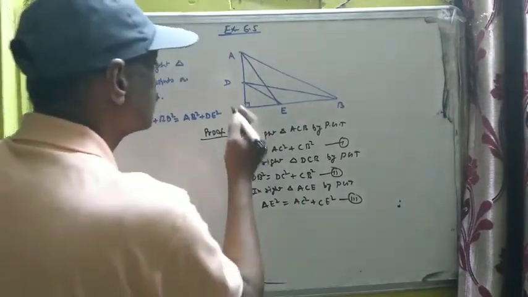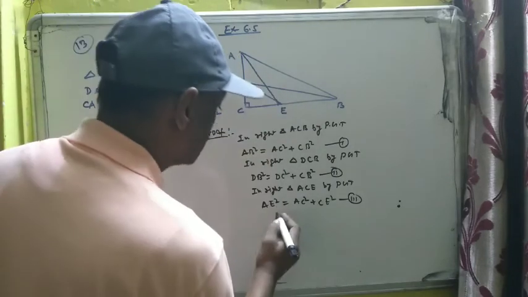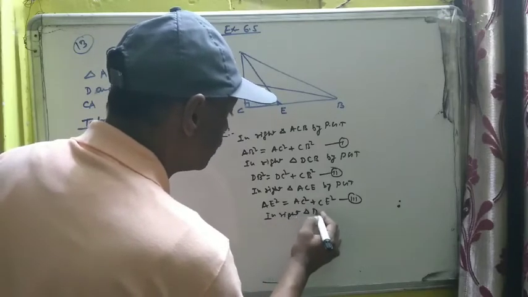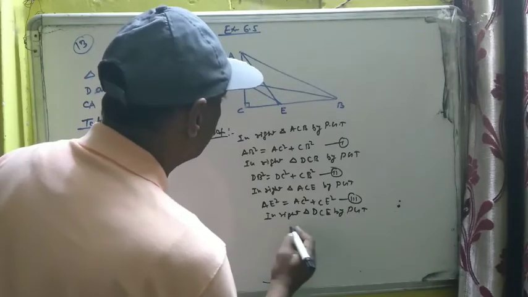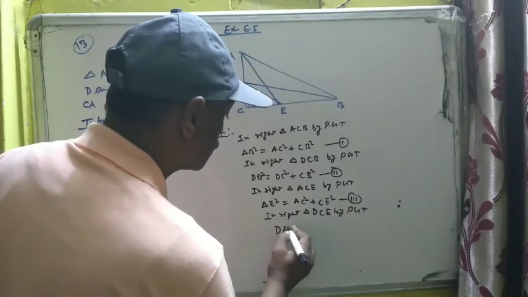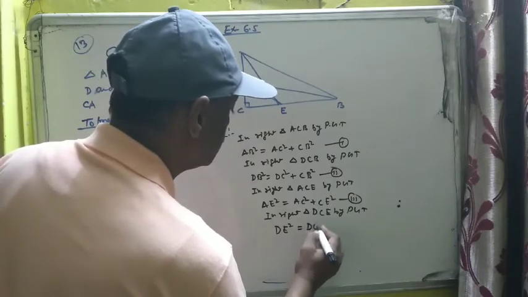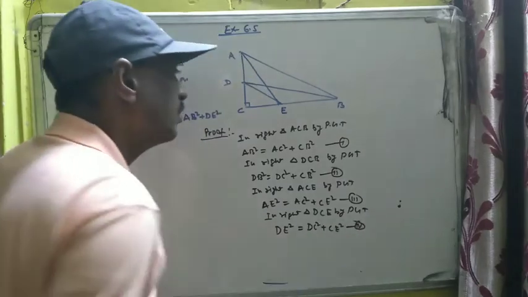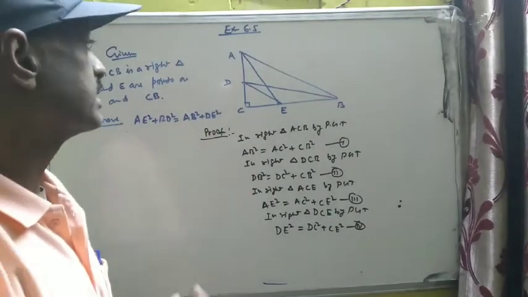One more right triangle is there, that is DCE, smaller, DCE. So in right triangle DCE, by Pythagoras theorem, DE square equal DC square plus CE square. This is equation number 4. And now 4 equations are formed here.